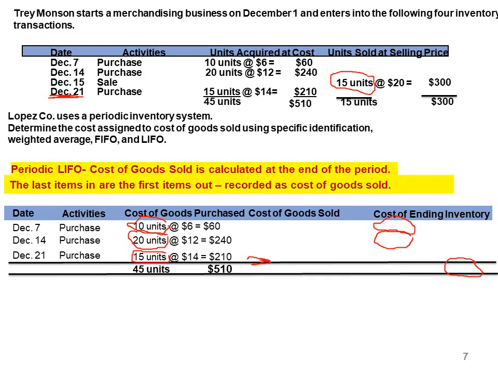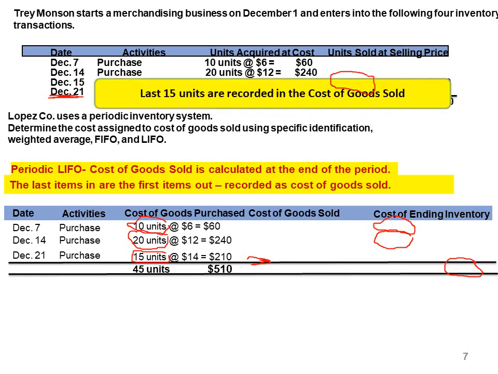As we said, LIFO means that the most recent items brought into our storeroom will be the first that will be sold. So those will be recorded in the cost of goods sold. This means the last 15 units brought in, because total units sold is 15.